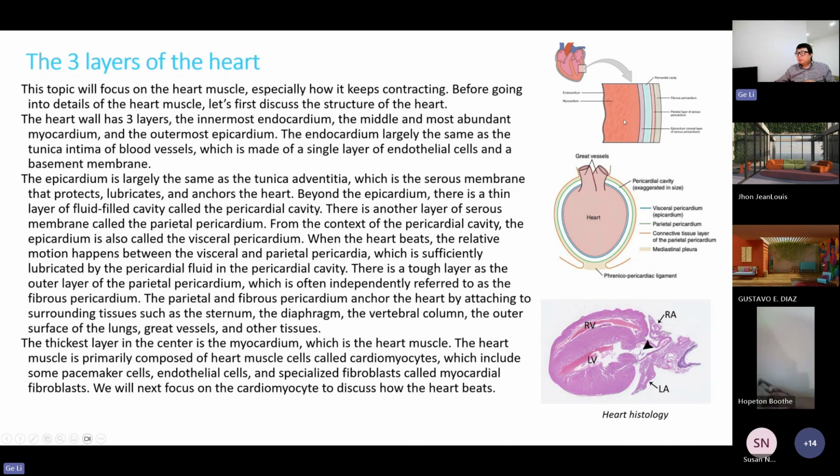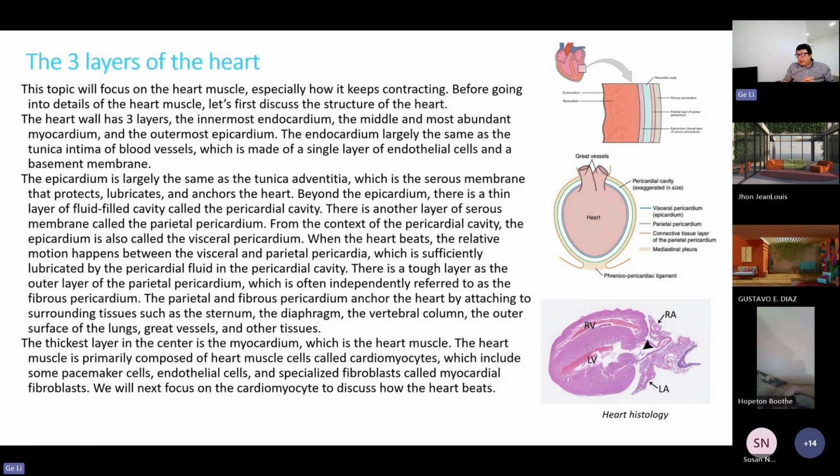This red part, the thickest component of the heart, is made by the muscle layer, and this layer is called the myocardium. The myocardium primarily contains cardiomyocytes, but not only that, it also contains blood vessels and fibroblasts that produce collagen.